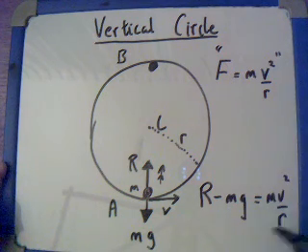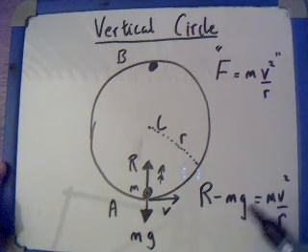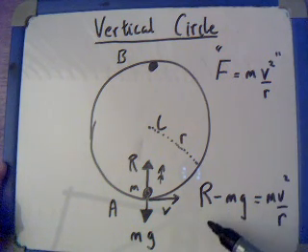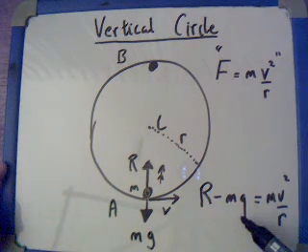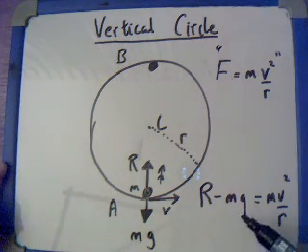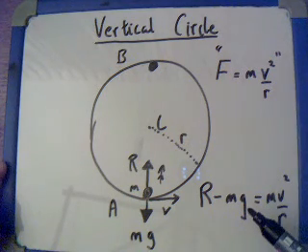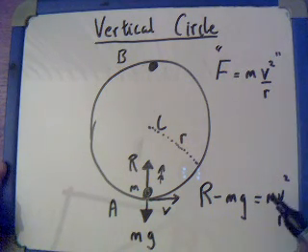So that is the situation at the bottom. We see that the reaction force is greater than the weight, and the reaction force is what will be pushing on the trolley and on the people. So that's position A.